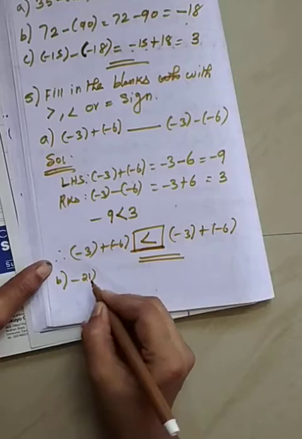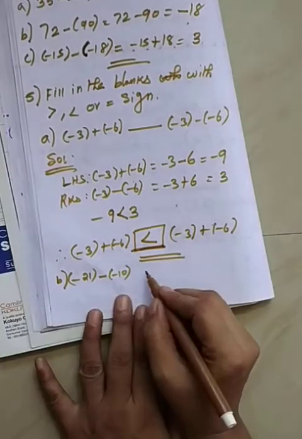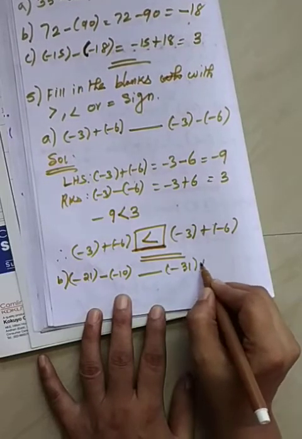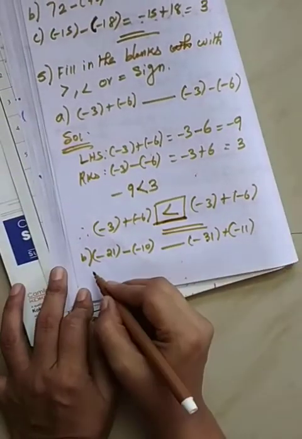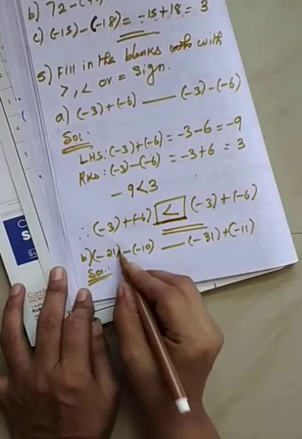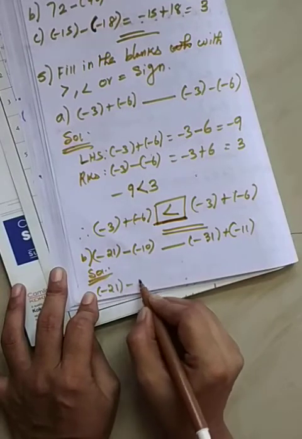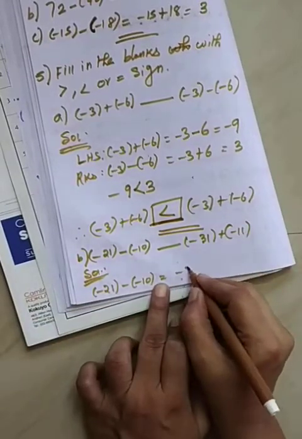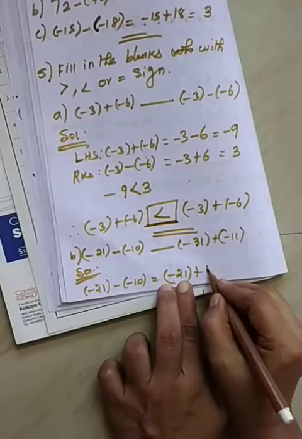Minus 21 minus of minus 10, dash, minus 31 plus minus 11. Okay, see here, you can take the left hand side. What is the left hand side? Minus 21 minus of minus 10 means minus 21 plus 10.